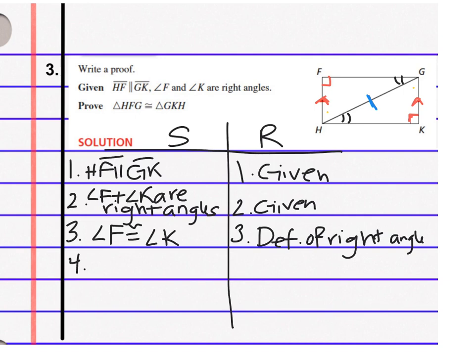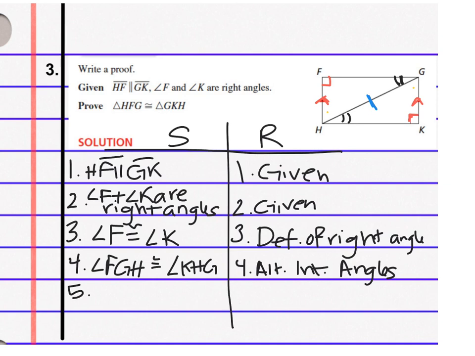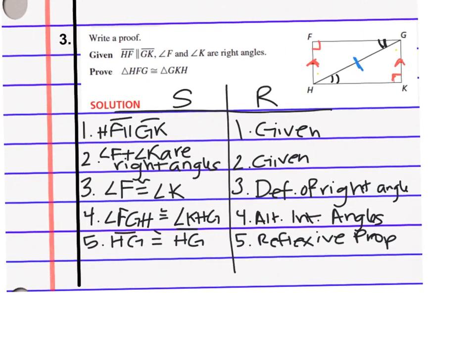So I'm going to say angle FGH is congruent to angle KHG, and those again were alternate interior angles, parallel lines cut by that transversal. Then I'm going to do my reflexive side, so HG is congruent to HG, and that is the reflexive property. So now I've done an angle, an angle, and a side. So I can end with what it asks me to prove, that the two triangles are congruent.